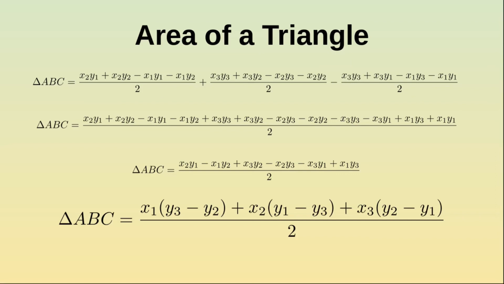That is x1 into y3 minus y2 plus x2 into y1 minus y3 plus x3 into y2 minus y1 whole divided by 2. Now one thing we must note is that this formula which we have derived might be different from what we usually find in the books because of the different naming order of the vertices.